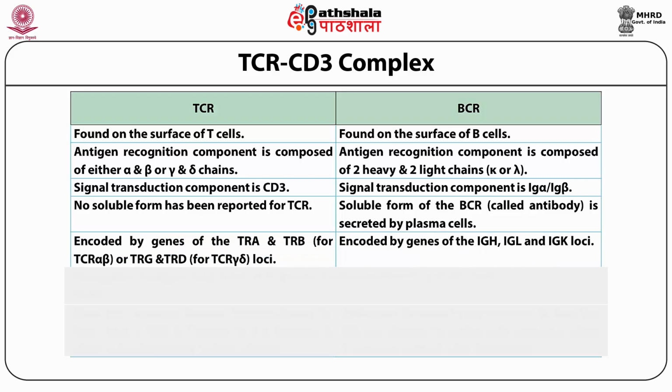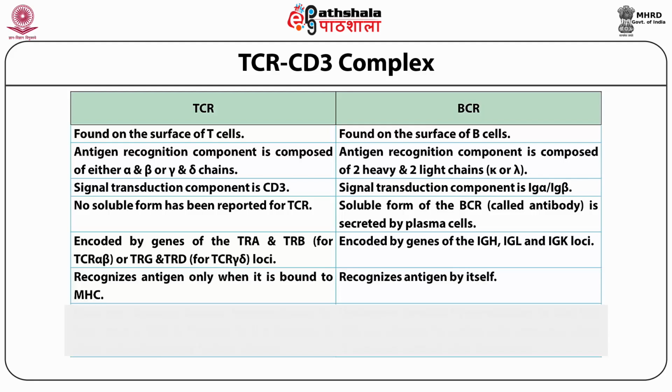The sixth point of difference is that the TCR is encoded by genes at the TRA and TRB for TCR alpha beta or TRG and TRD for TCR gamma delta loci. On the other hand, the BCR is encoded by genes at the IgH, IgL and IgK loci.